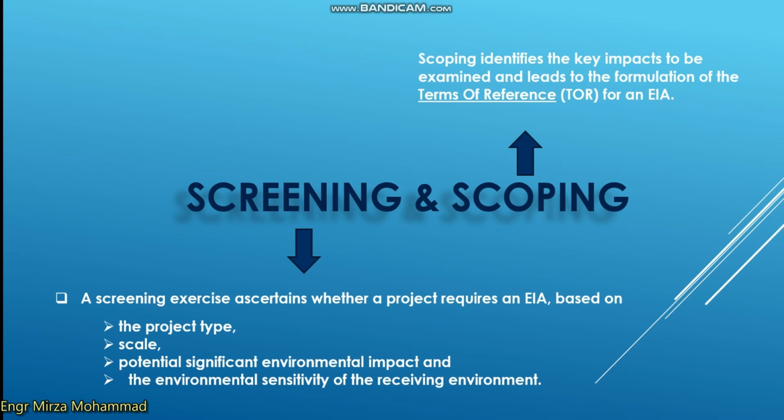Scoping mainly identifies those key elements or factors which are responsible for environmental impact assessment. Scoping mainly eliminates all the unwanted stuff from the project and then focuses on those things, and then based on that it implements the environmental impact assessment. So let us begin.